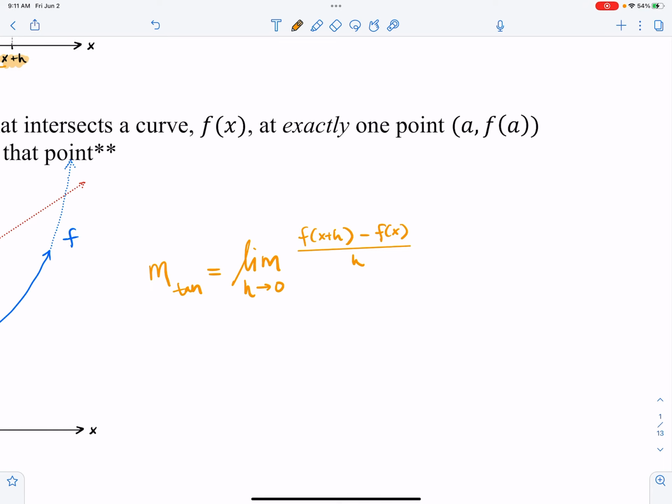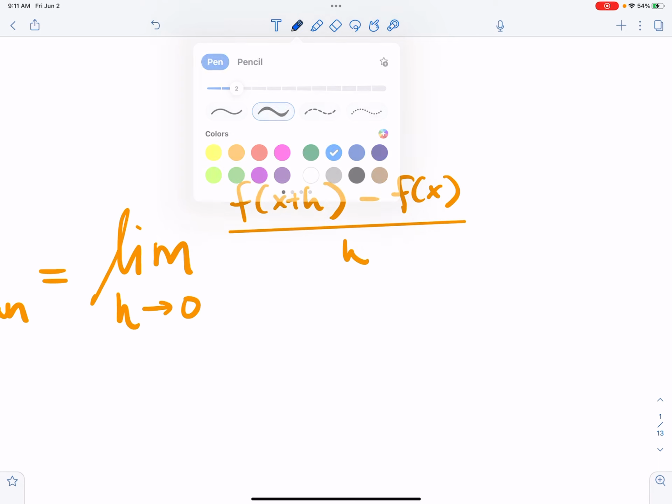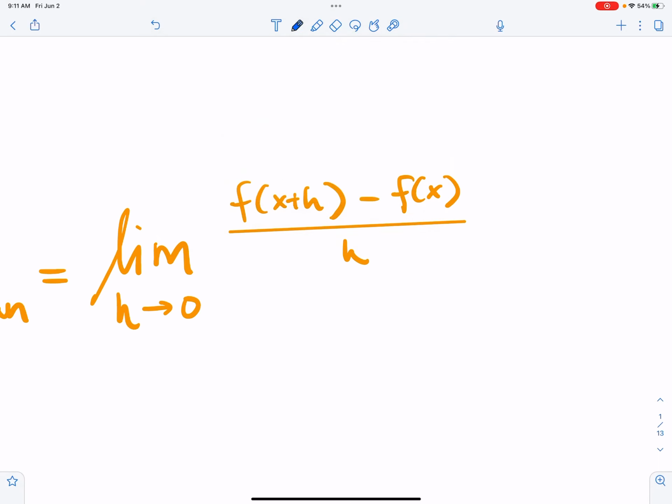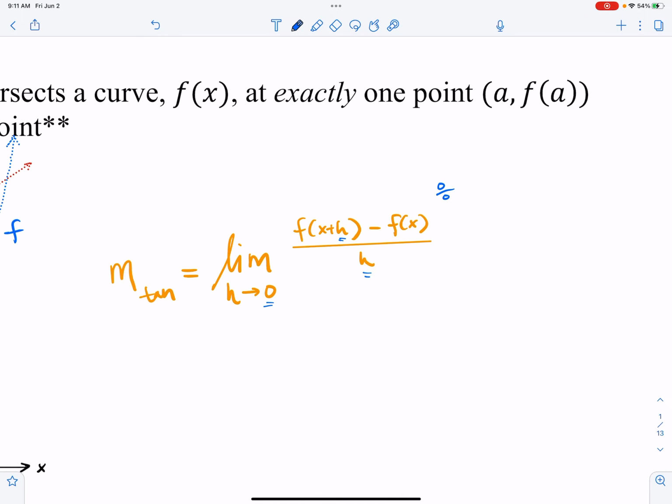Now notice that if you were to use direct substitution here, right? Remember direct substitution? If you were to substitute 0 in for h, you'd end up with the indeterminate form 0 over 0. So there's usually some algebra or eventually even calculus, which is funny because this whole definition is the basis of derivatives, right?